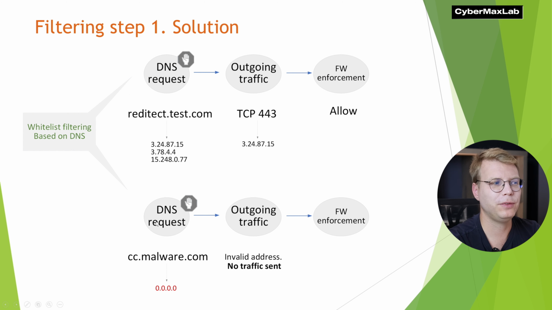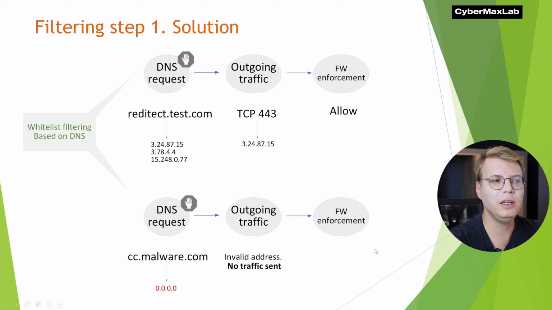And if the device is using some request to malware.com, what happens? Your DNS server returns zeros as a response. And then there is no outgoing traffic because zeros is an invalid address.